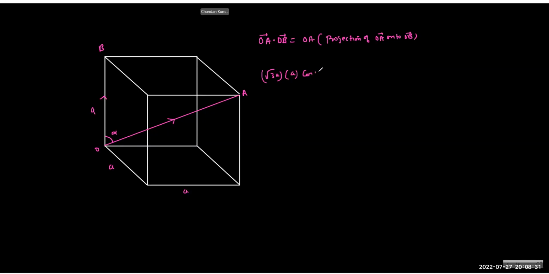A. So into cos theta or cos alpha, I will find the cos. We know the projection of OA onto OB, right? So this we can write as OA OB cos theta.